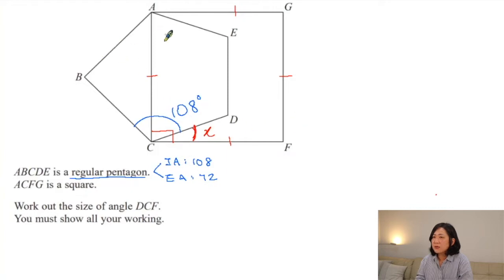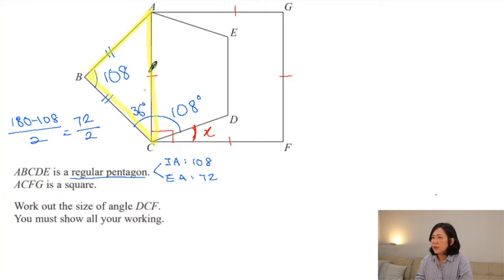Yes, this triangle is an isosceles triangle. Let's find one of the angles of the isosceles triangle. I think this will be helpful for finding x, right? So we can calculate it: 180 take away 108, divided by 2. That will be 72 divided by 2. So we know that it's 36 degrees.